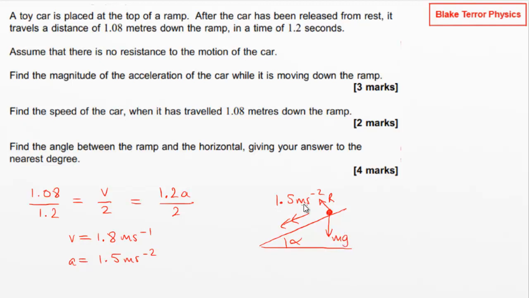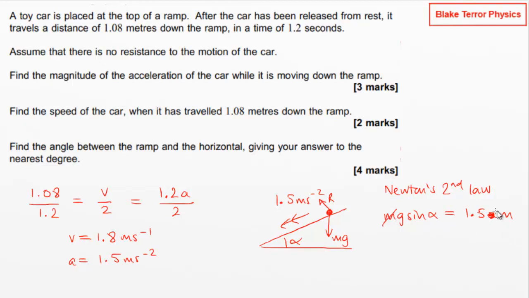mg. We don't know what m is, but that's fine, because if we use Newton's second law parallel to the slope, we're going to have mg sine alpha, the component of the weight down the slope, equal to the mass times the acceleration, 1.5, times the mass.